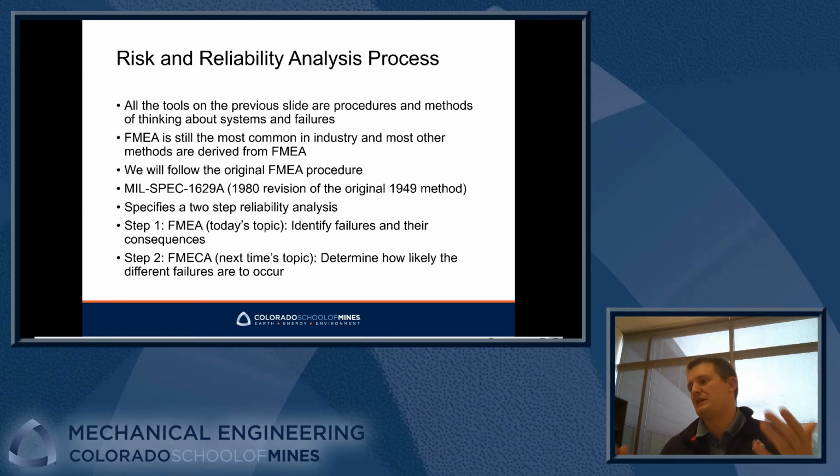Based on the likelihood of those failures happening, we'll prioritize the failures that are more likely as being a higher priority for us to address. Okay, so that's the flow of what we'll be doing. Today we're just going to talk about FMEA, and then in our separate video we'll give you one on FMECA because there's a little bit more math behind that.